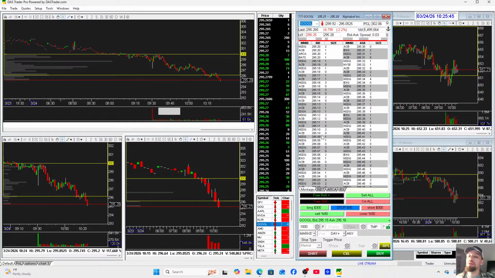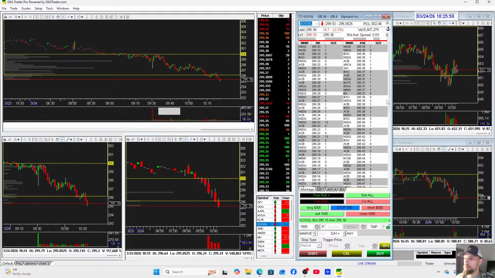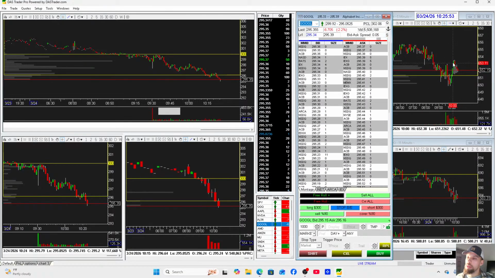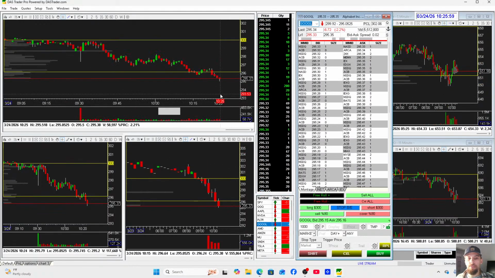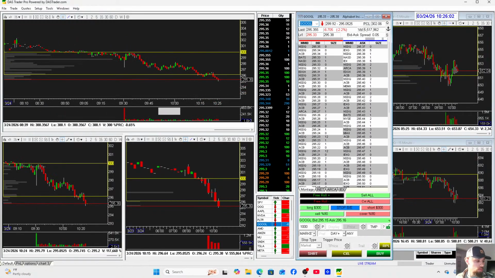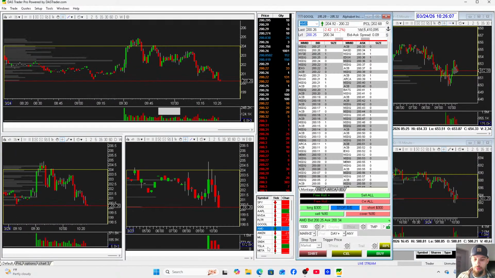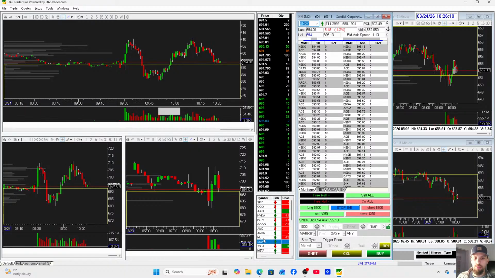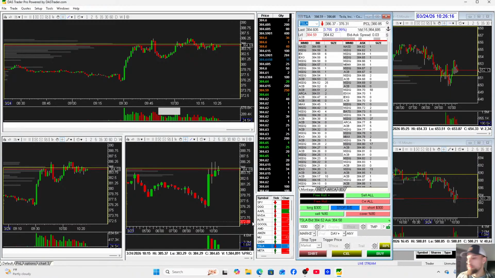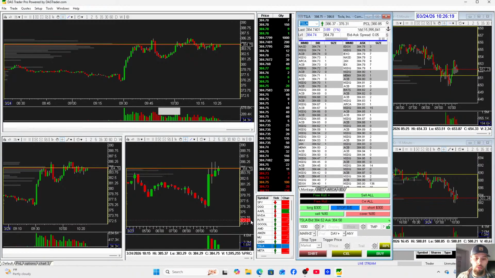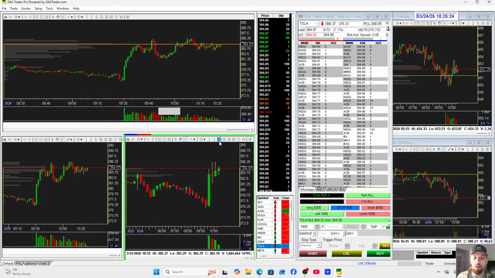Google's looking to get filled at 295. Some orders stacking up there. SPY's making a wedge right here. Tesla looking to push.